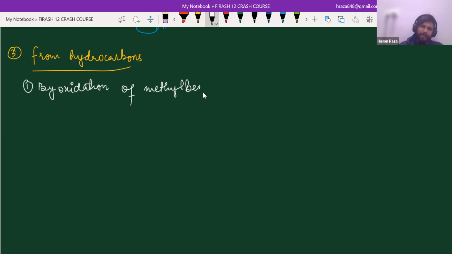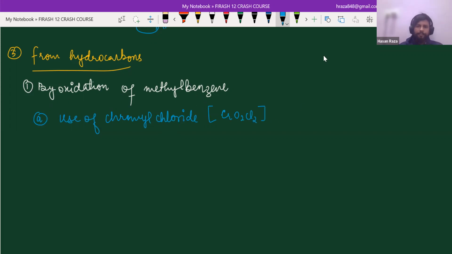We can oxidize this methyl benzene in two separate ways. The first is by use of chromyl chloride, which has the formula CrO2Cl2, chromyl chloride. And this reaction is basically known as the Etard reaction.